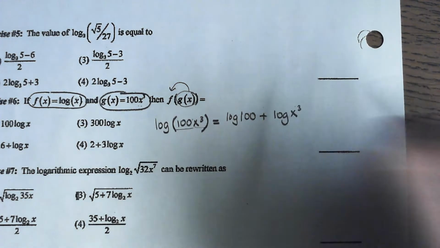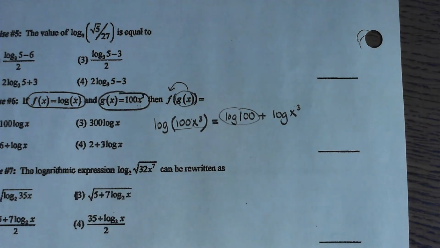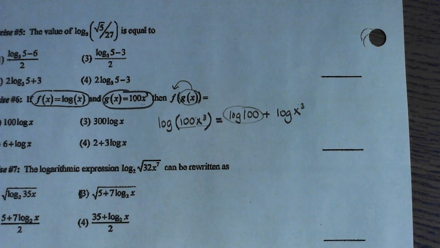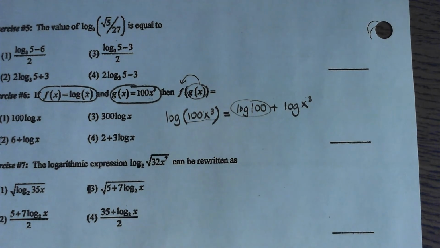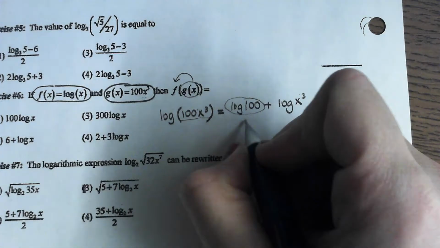Very good. Now, log of 100, we can evaluate because the base is 10. And 10 to what power gives you 100? Georgia? 2.